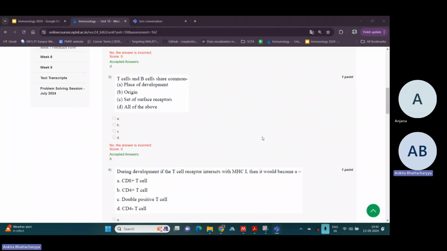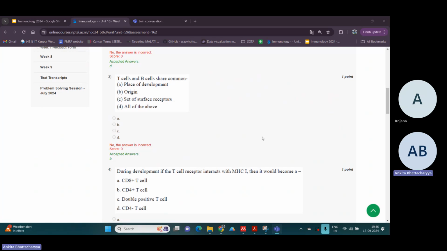The site of maturation determines how they have been named as well. While B cell maturation occurs in the bone marrow, T cell maturation occurs within the thymus, giving rise to the difference in their names and, to some extent, their mode of action. So the correct answer in this case was origin, that is option B.